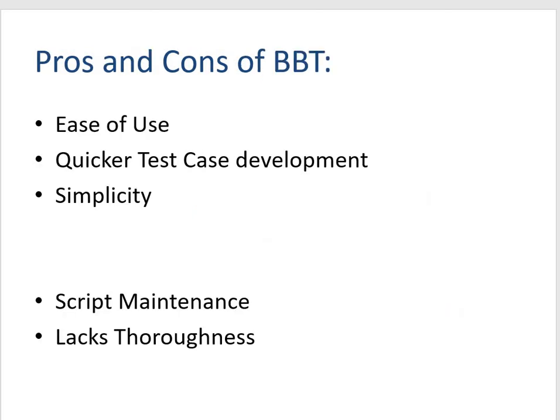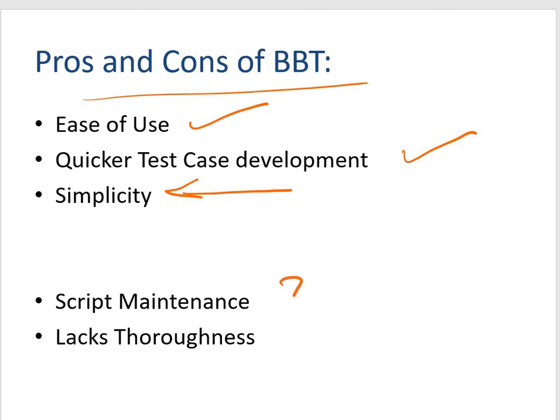Now let's talk about the pros and cons of black box testing. First of all, it's easy to use because I don't need to look into the code part. I have to only deal with executables, and then we have quicker test case development, and even a third party vendor can test it. It's also comparatively simple because as long as I don't dissect the piece of code, it's simpler.